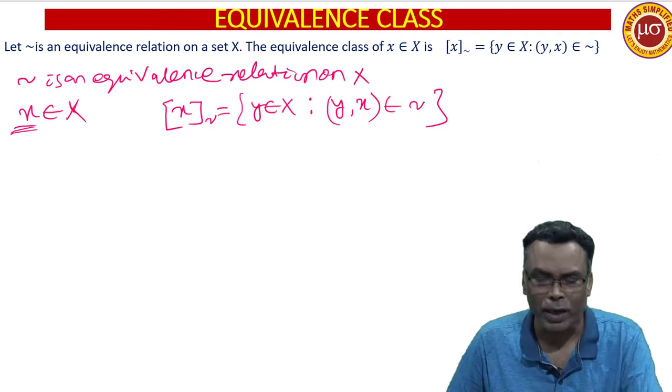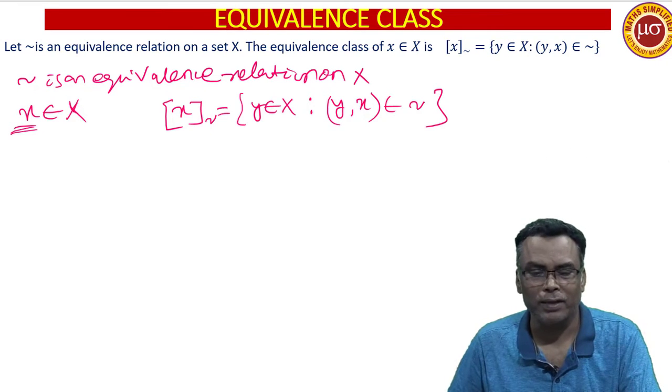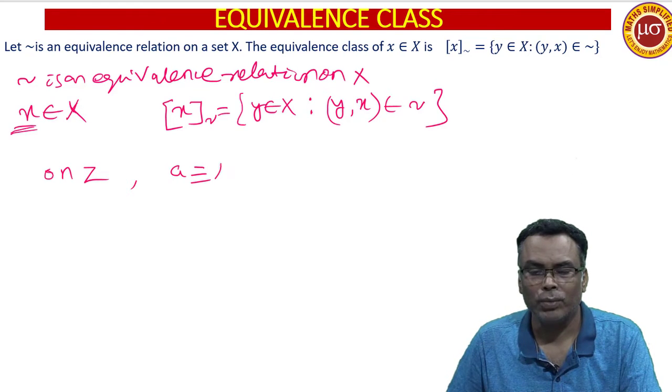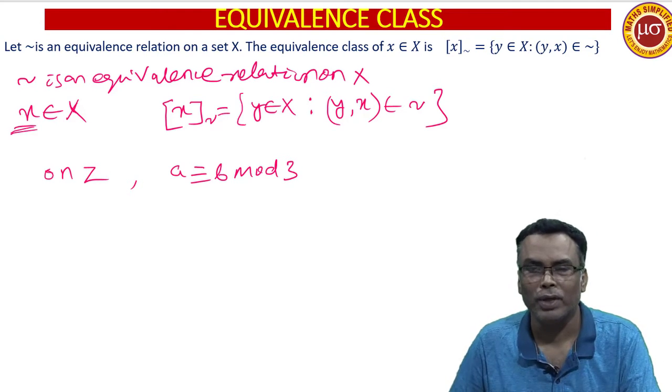For example, we already discussed on Z, a congruent to b mod 3. The relation congruence modulo is an equivalence relation.